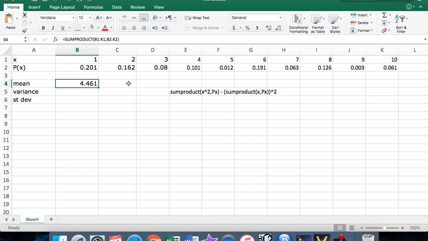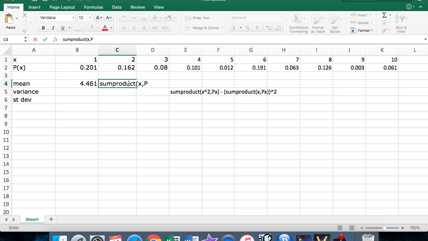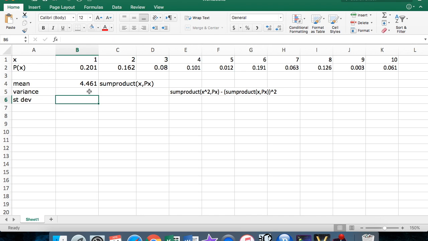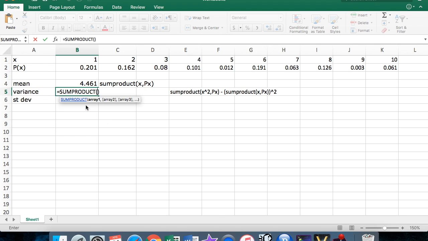But this guy here is our sum product of x, P of x. So all you really do is square him and you're okay. Okay, so my variance. So here we go. The easy way to do this, sum product, instead of doing the x squared part, just highlight x twice. Highlight x once, highlight x again.